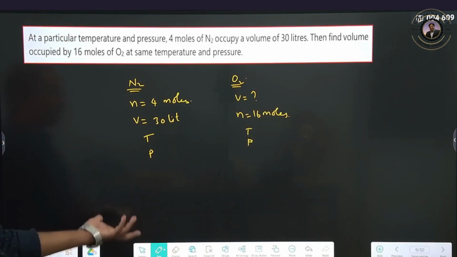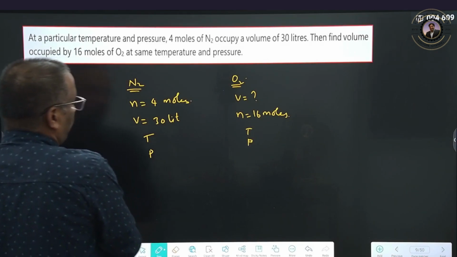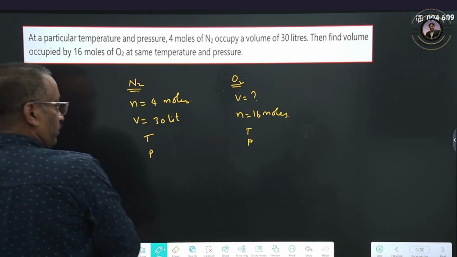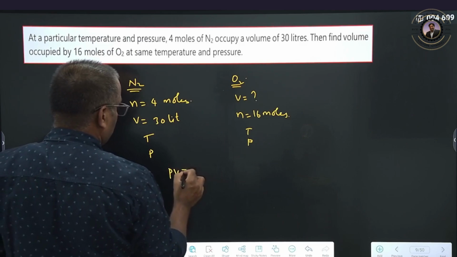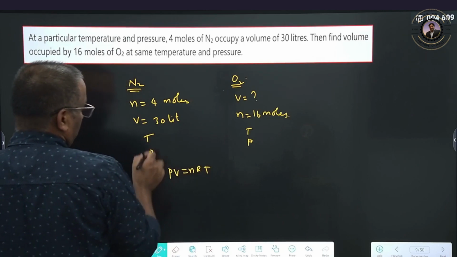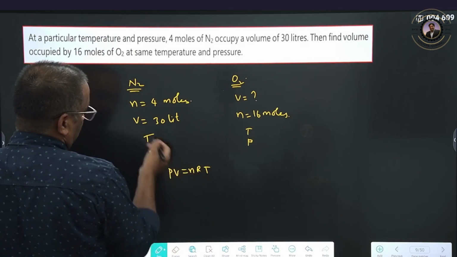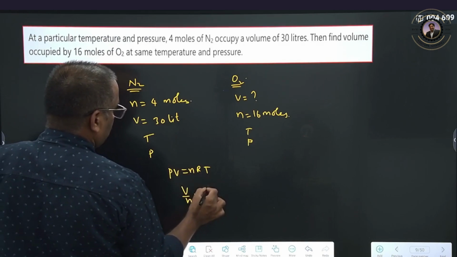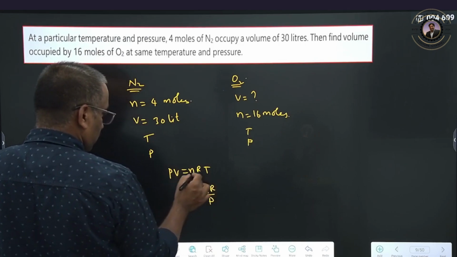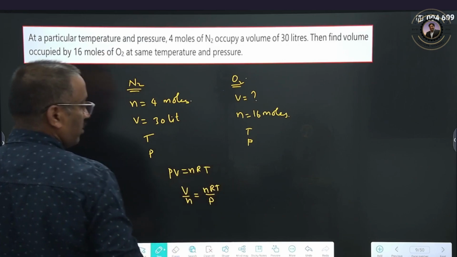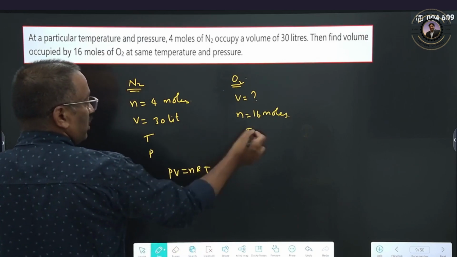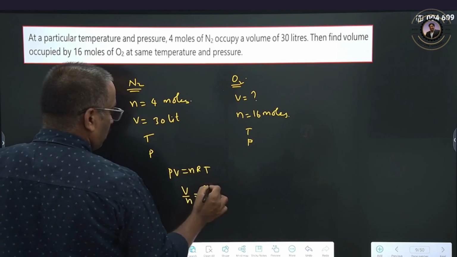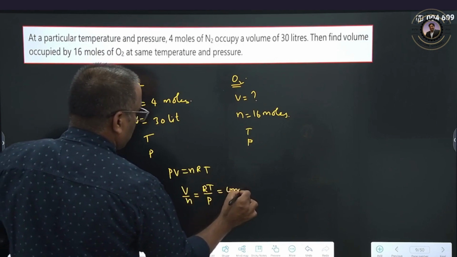So here we can write PV = nRT, the ideal gas equation. Here R and P are constant, only N and V are there. So V by N equals RT by P, and this is constant.